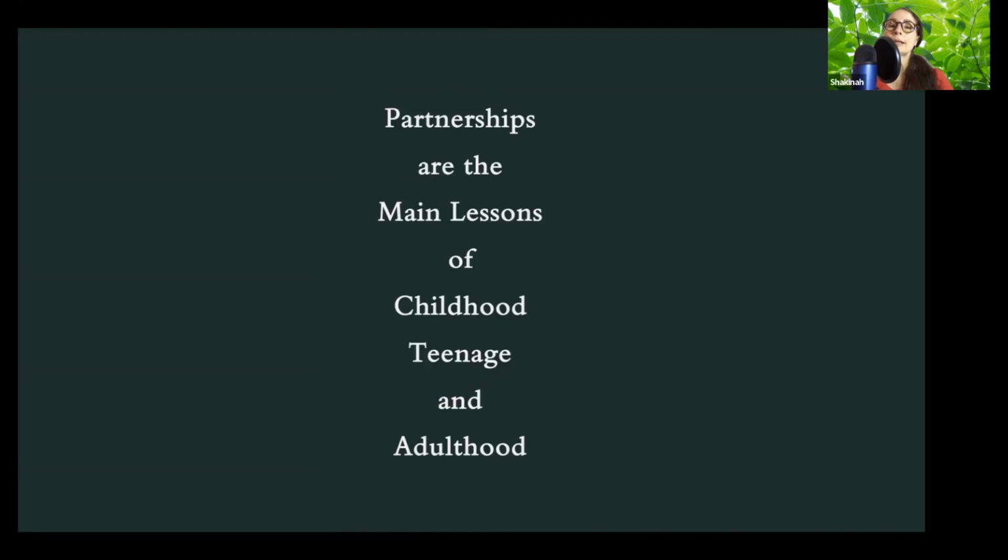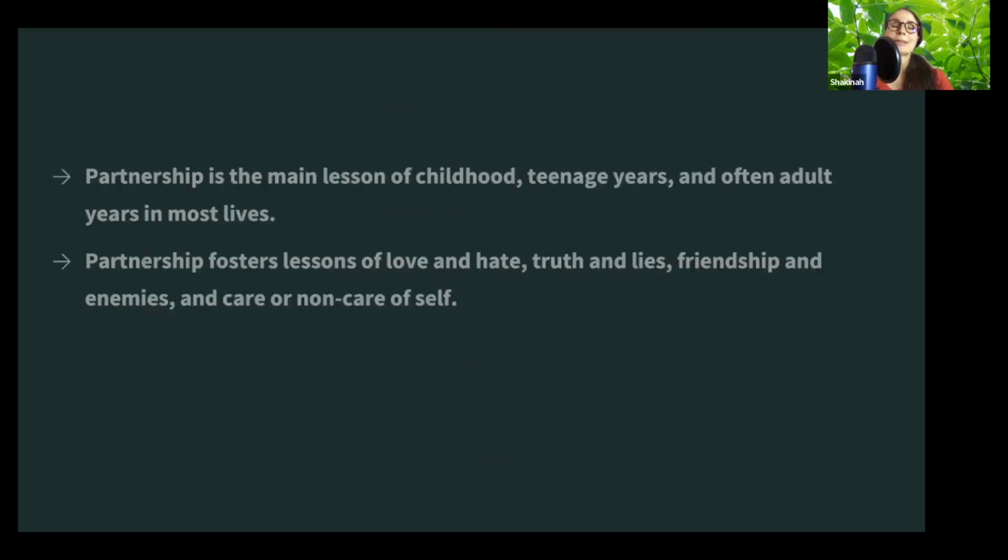Partnership is the main lesson of childhood, teenage years, and often adulthood years in most lives. Partnership fosters lessons of love and hate, truth and lies, friendship and enemies, and care or non care of self.